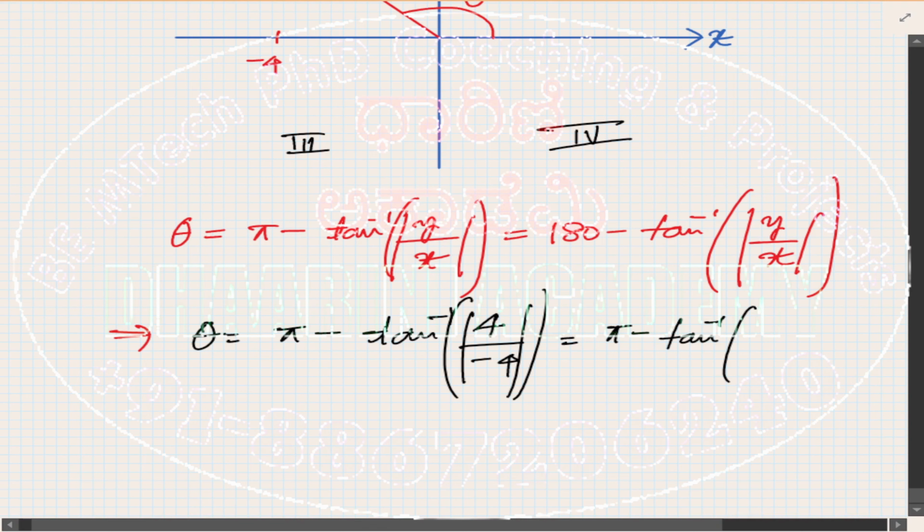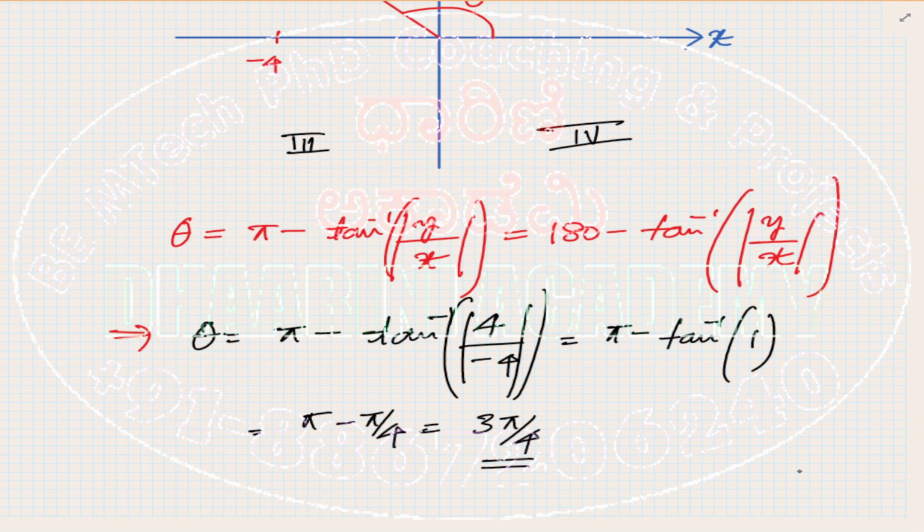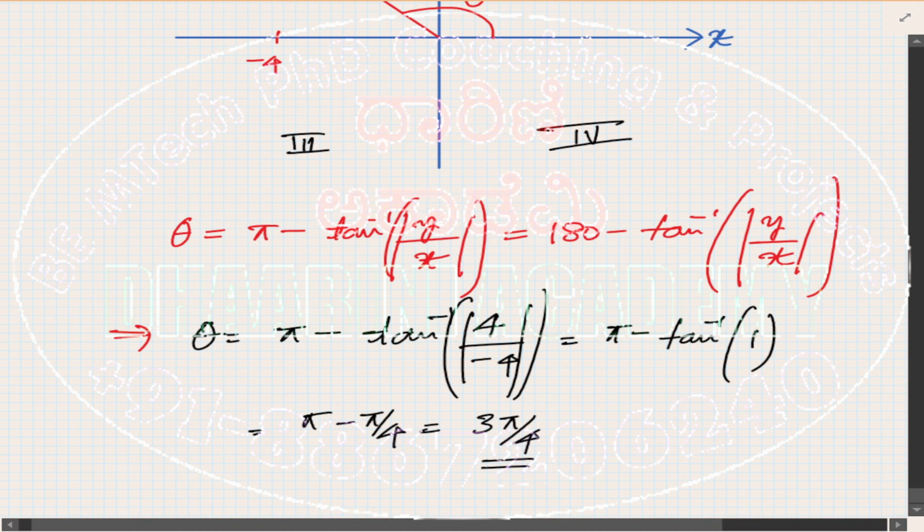I need to take the magnitude of minus 1, so it is plus 1. Now you already know that tan inverse of 1 is pi by 4. So this is pi minus pi by 4. So this is 3 pi by 4, or it is 135 degrees in degree notation. 180 minus 45 is 135.